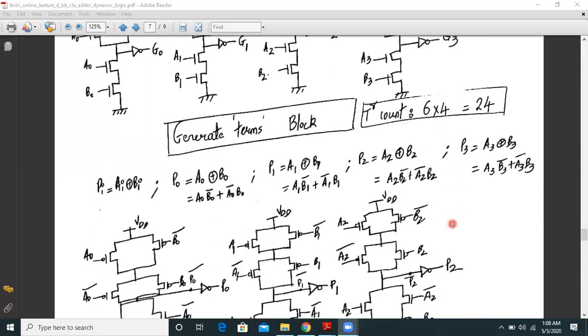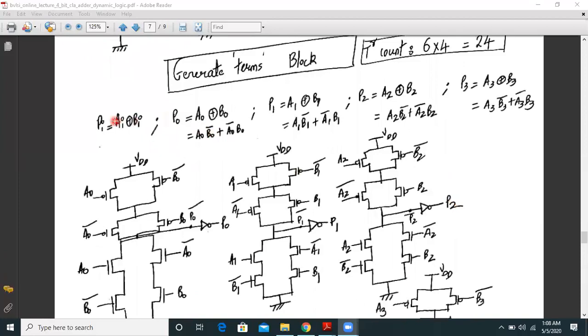Next we will see the propagate terms. The propagate term in general is given as Pi equal to Ai XOR Bi. Let us consider the case of P0. P0 will be A0 XOR B0, which will be written as A0 B0 bar plus A0 bar B0.